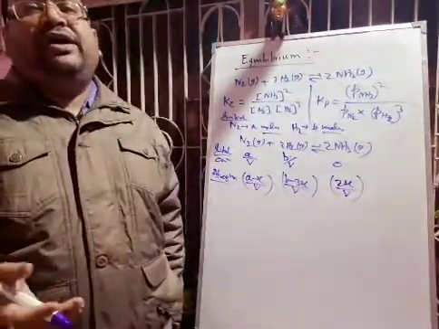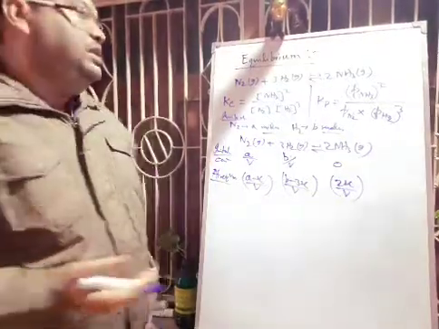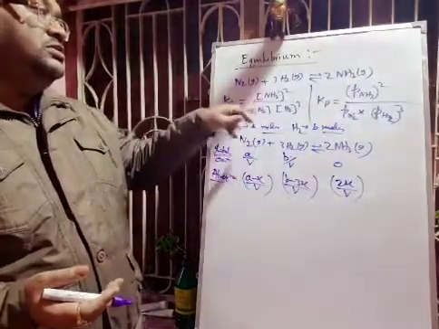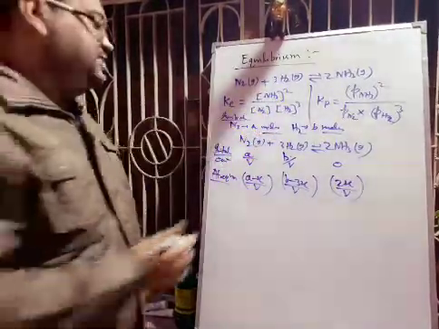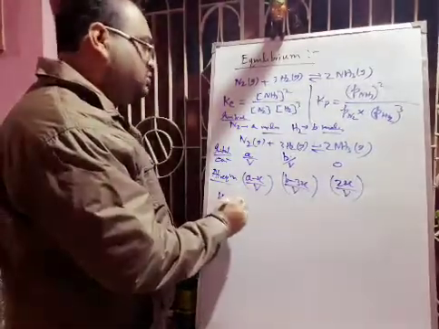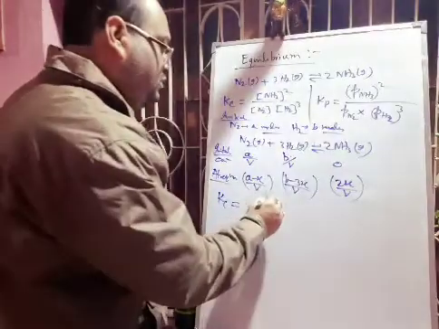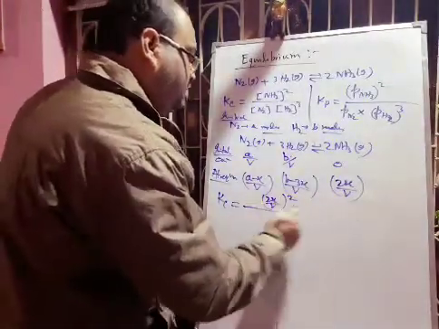Now in the same way we have to apply the Kc. Already we have written that Kc is equal to the concentration of NH3 whole square by the concentration of nitrogen into the concentration of hydrogen whole cube. So if we put this value, we will get Kc is equal to 2x by V whole square.